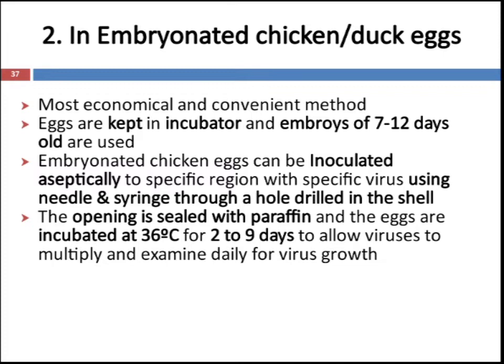Embryonated chicken egg can be inoculated aseptically to the specific region with the specific viruses using needle and syringes through a hole drilled in the shell. The opening is sealed with paraffin and the eggs are then incubated at 36 degrees Celsius for 2 to 9 days to allow virus to multiply and examined daily for virus growth.